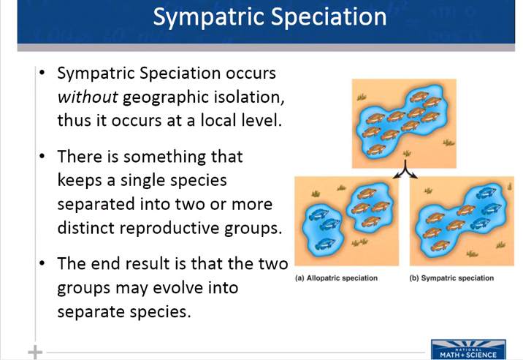And if they diverge enough that they can no longer mate with one another, then you have accomplished speciation. In some cases you're going to see in this discussion today it can happen in a single generation, but in most cases it might take a little longer than that, especially with animals. So let's try to look at ways in which we could have speciation occur within the same homeland.